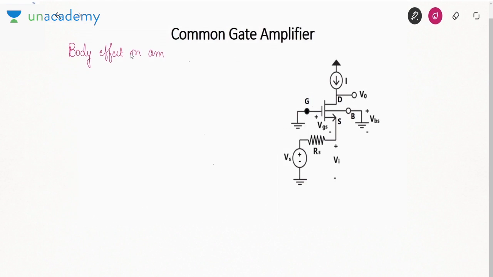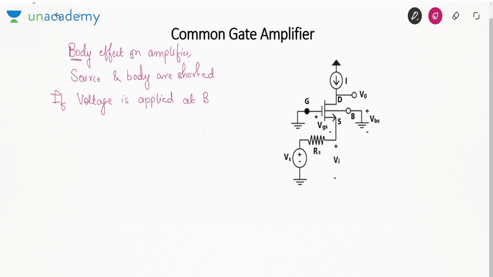on amplifier. Okay. Now what happens? Usually source and body are shorted together. Most of the times the source and the body are shorted, but if voltage is applied at body terminal, okay, if we apply the voltage at body terminal, then what will happen?